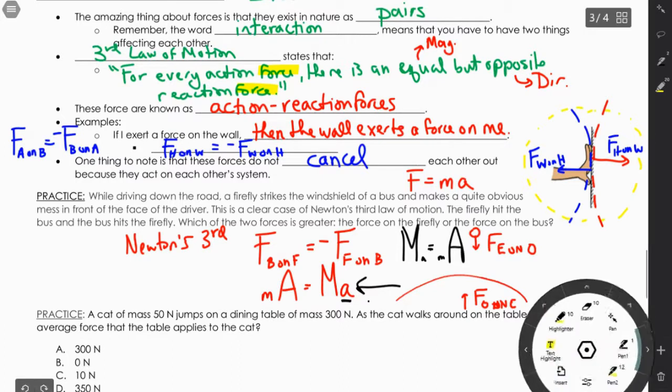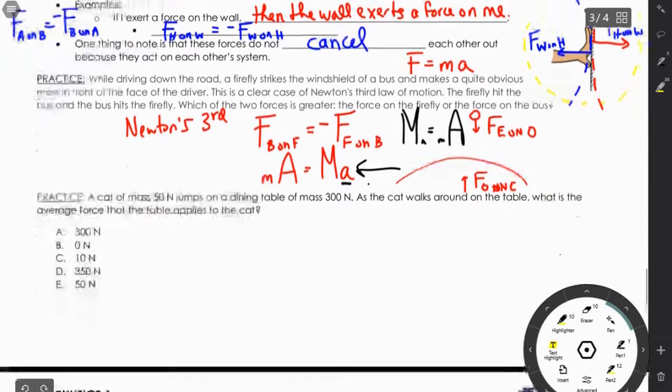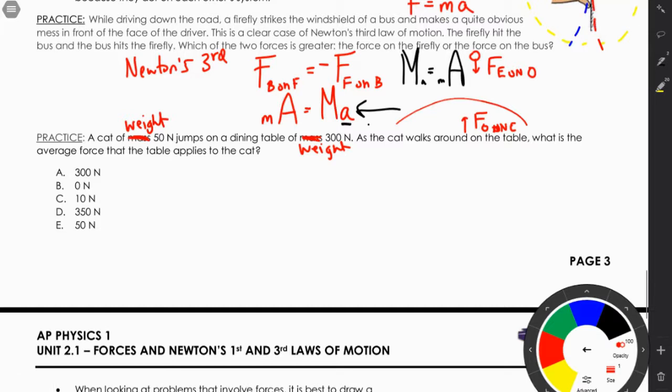Now the next question, I have a couple typos, right? And so the first typo, really they're both the same typo. It shouldn't say a cat of mass 50 newtons, a cat of weight 50 newtons. Same thing here. It should say a weight of 300 newtons, okay? So a cat of weight 50 newtons jumps on a dining table of weight 300 newtons.